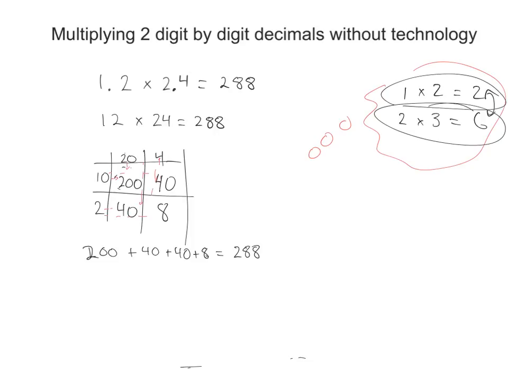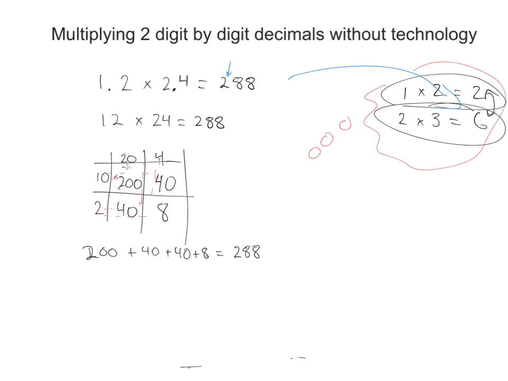But now the question ends up being, where does that decimal place go? Well, if you take a peek over here at our estimate, we know our answer should be between 2 and 6. So you can probably make a guess here that our decimal place is going between that 2 and 8.